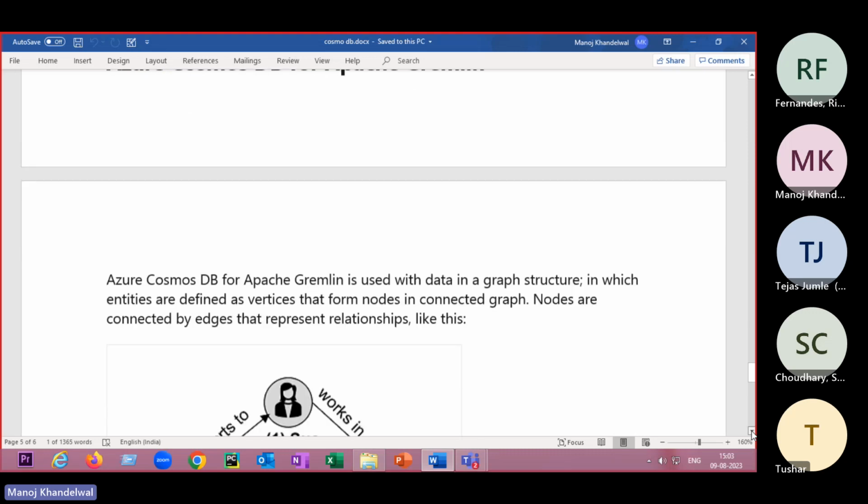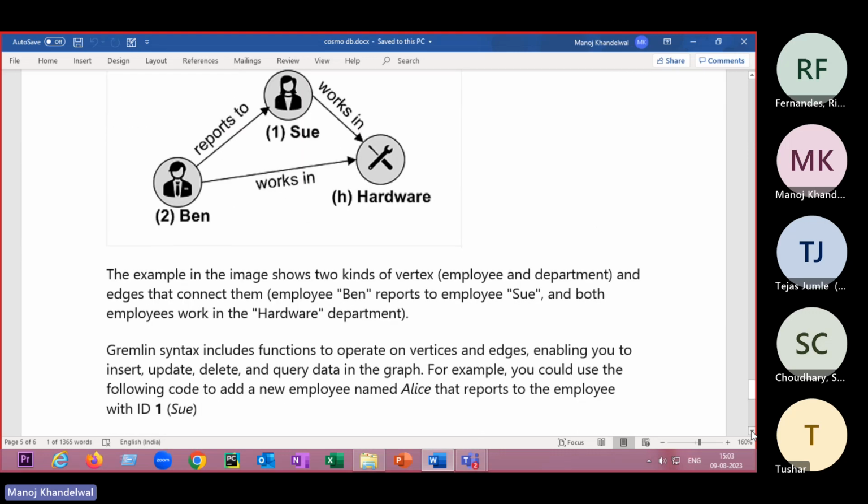So we studied what entities are. In the case of graphs, these nodes are the entities and the edges are the relationships between the entities. So these are vertices, employee and department, and edges connect them. Employee Ben reports to Sue, and both employees work in the hardware department.